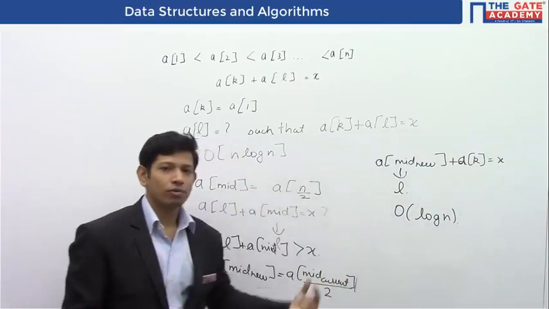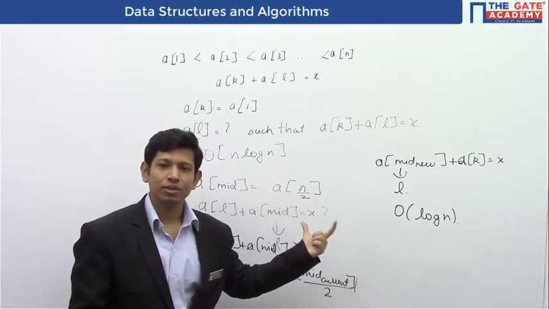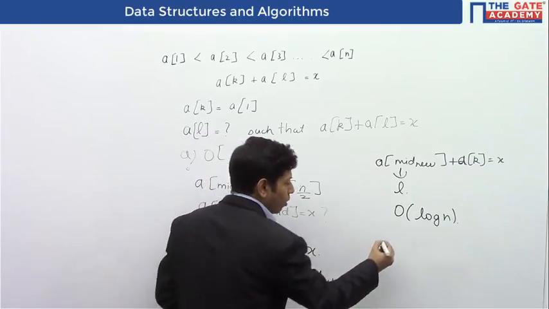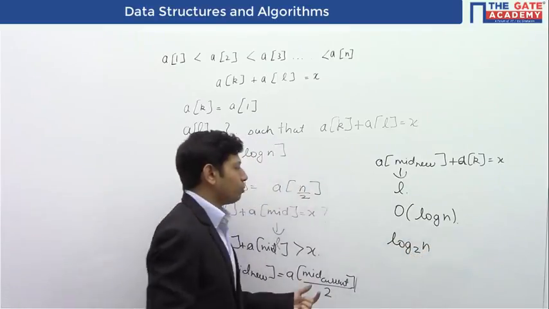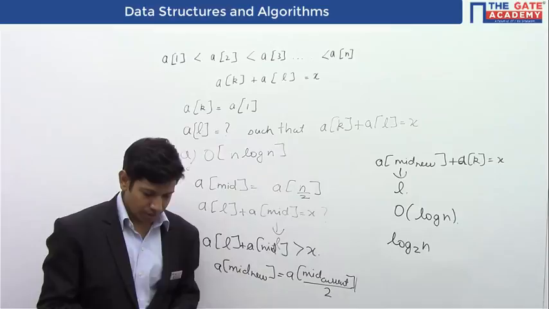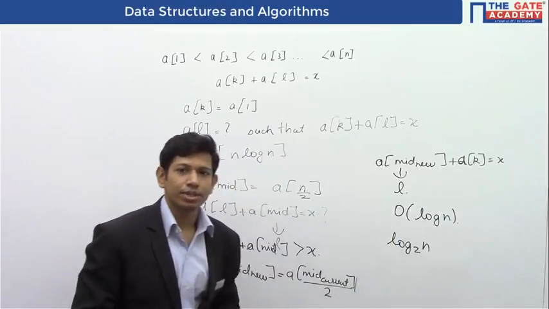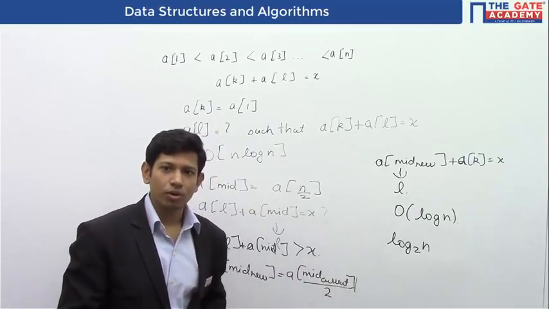Why will it take order of log n time? Because here we are dividing the given array consisting of n elements by 2, so we need to perform log n base 2 divisions. And since this is asymptotic notation, we write it as order of log n.